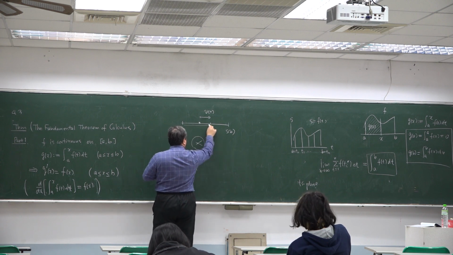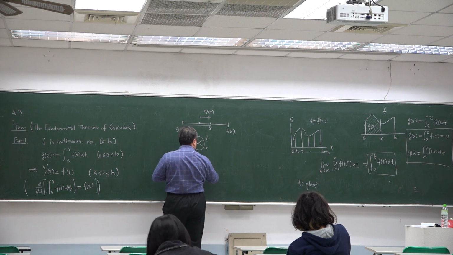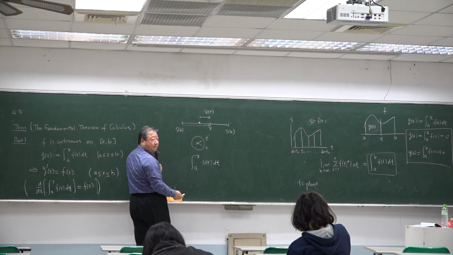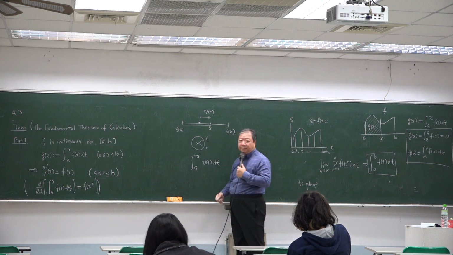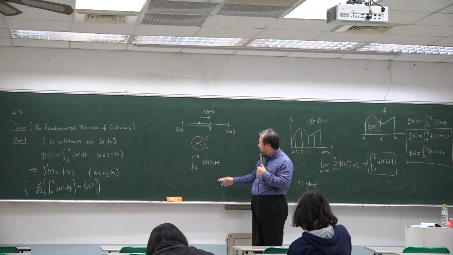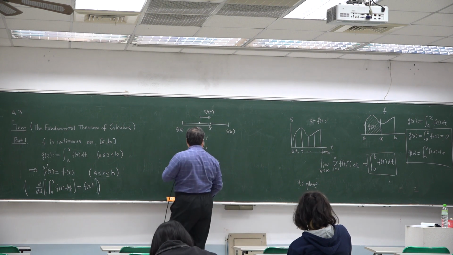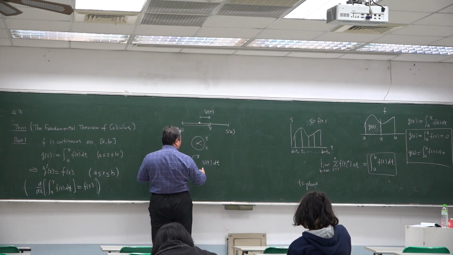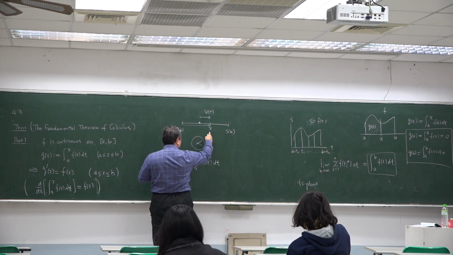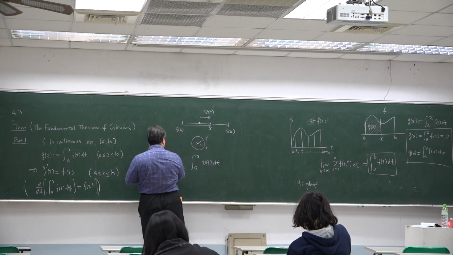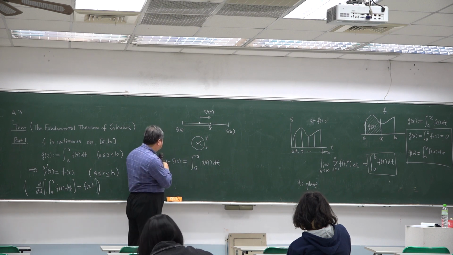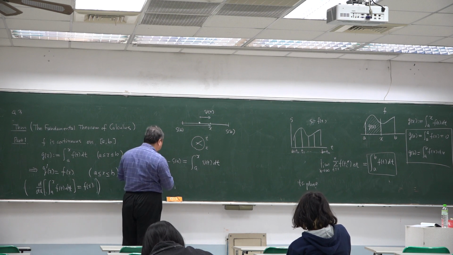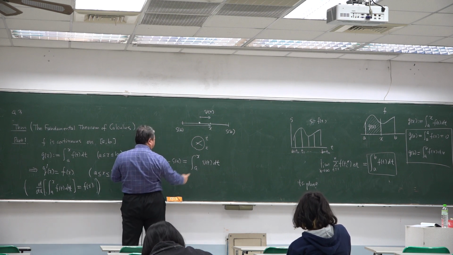So the displacement is s of x minus s of a. If we want to find the velocity, how do we find the velocity at time x?